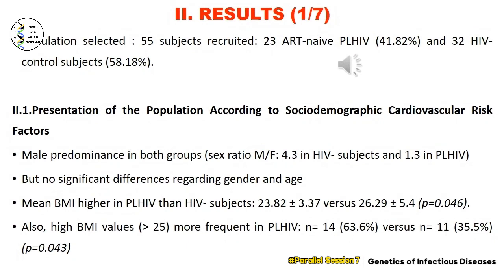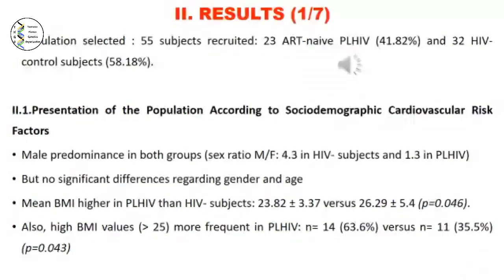The mean body mass index was higher in persons living with HIV than in HIV-negative. The values were 24 versus 26, and the p-value was 0.046. Also, high body mass index values were more frequent in HIV-infected people than HIV-negative.